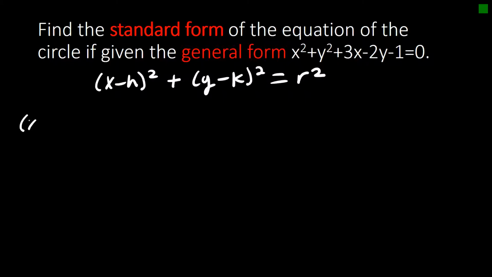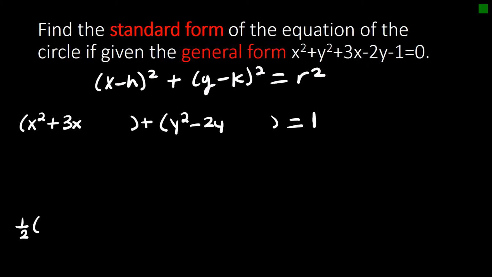So let's gather our x squared and our x term. Let's leave some space. Let's gather our y squared and our y term. Let's leave some space. And let's take that -1 to the other side, and it becomes positive.